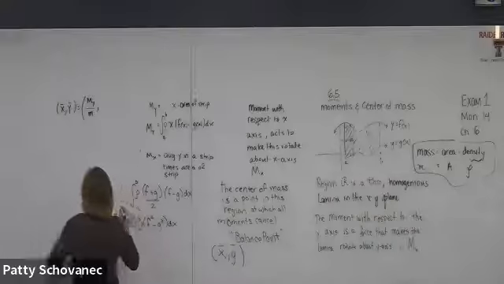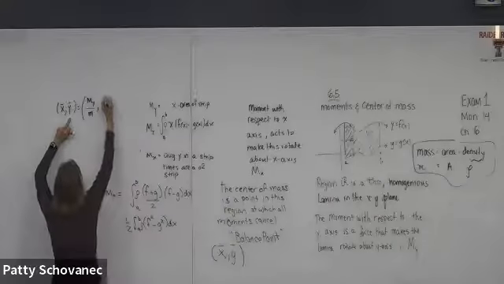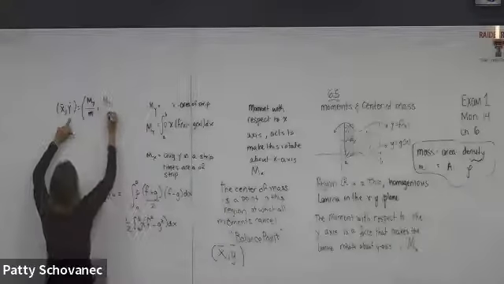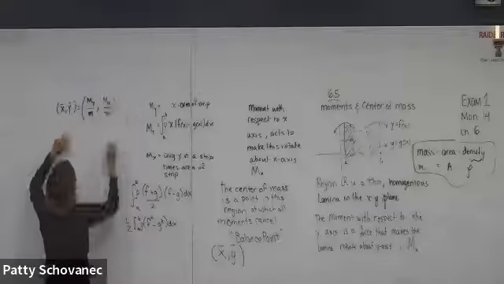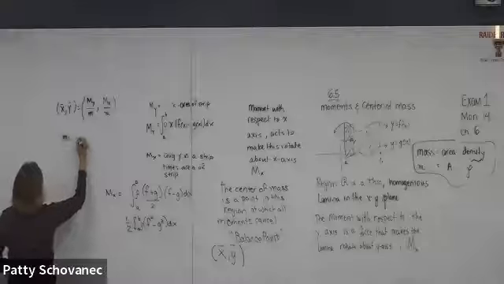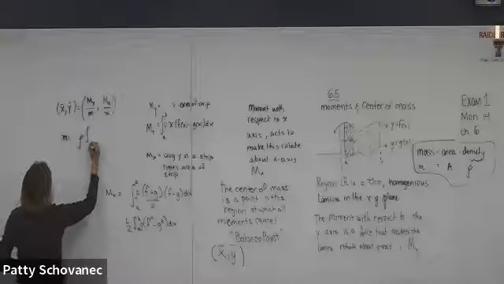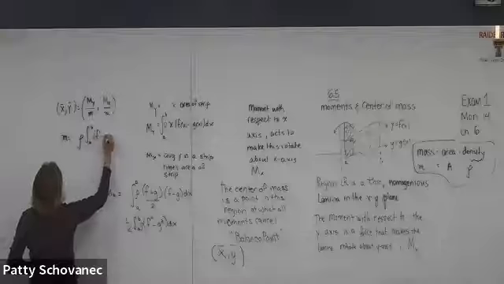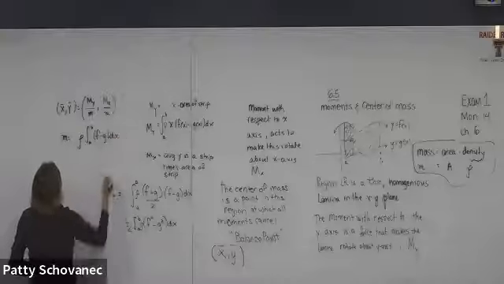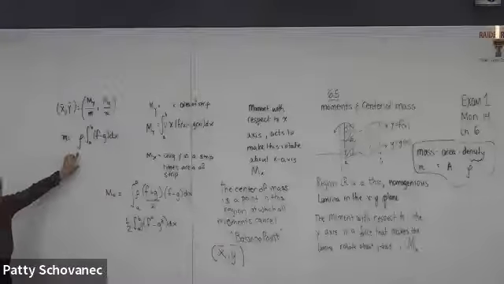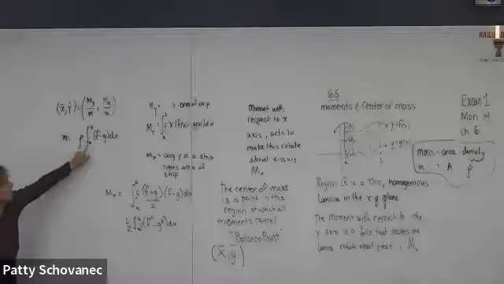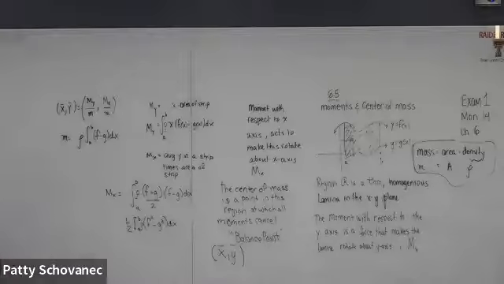And then the y bar is the average of all these distances from the x-axis, divided by m. And m is density times the area. Density is a constant, I pull it out, but in your engineering practices, it's not a constant, put it back inside the integral.